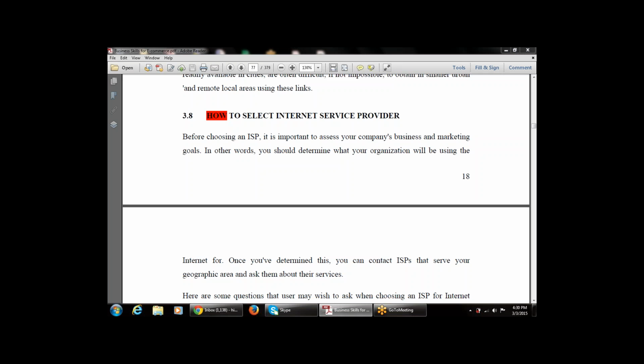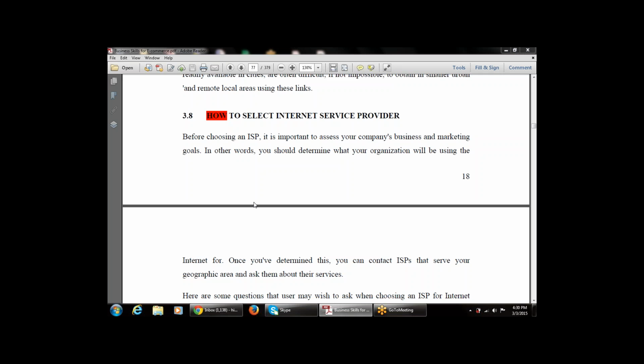Once you have determined this, you can contact an ISP that serves your geographical area and ask them about their services. So this is the first step: find out what type of business it is, what type of usage the organization needs, and then contact the ISPs in your geographical area and ask them for their services.